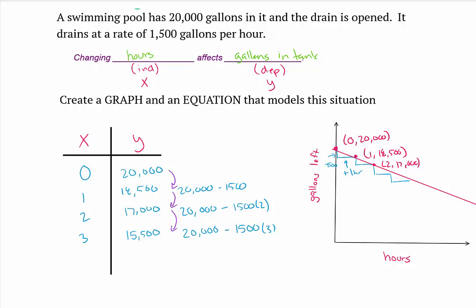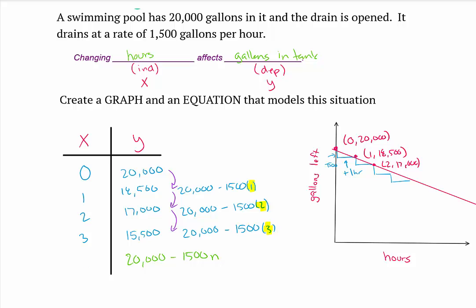If we look carefully, we basically had the same calculations over and over and over again. The only thing that was changing was this value right here. And technically we didn't have anything written right here, but if we think about that for just a minute, we subtracted 1,500 one time. So if I said our tank has been open for, let's say, n number of hours, then we could get our calculation by doing 20,000 minus 1,500 times n.